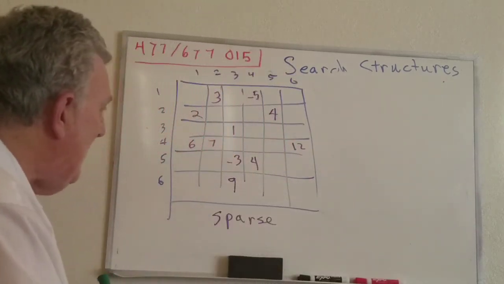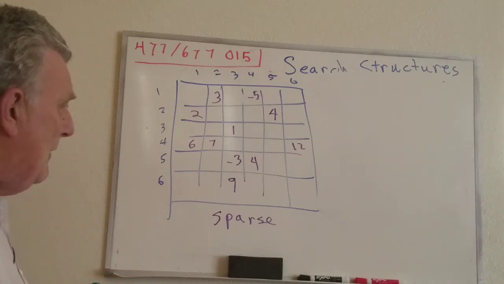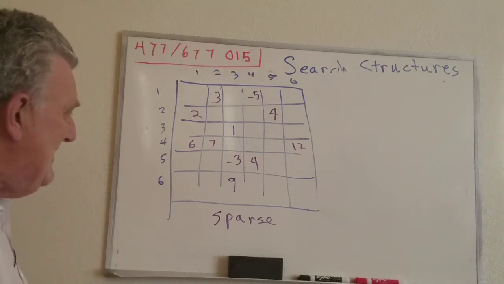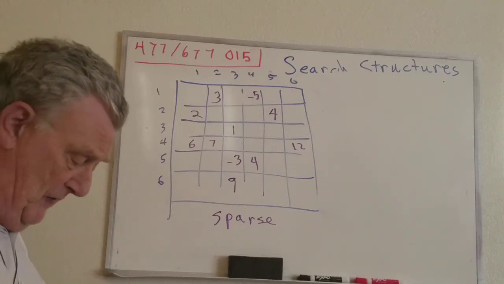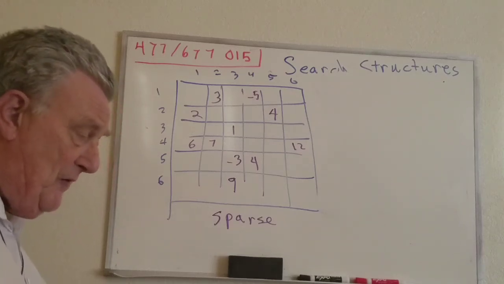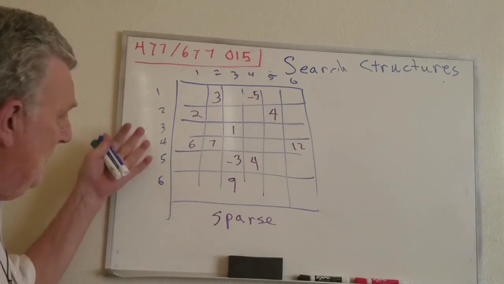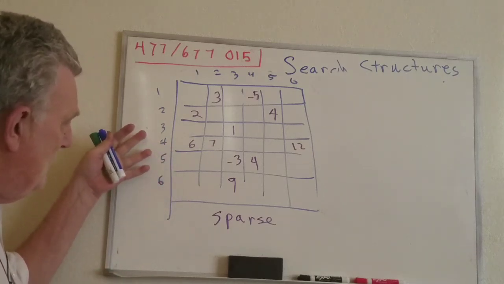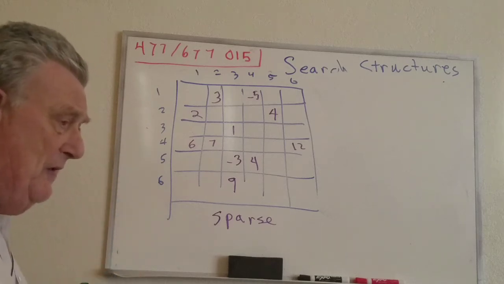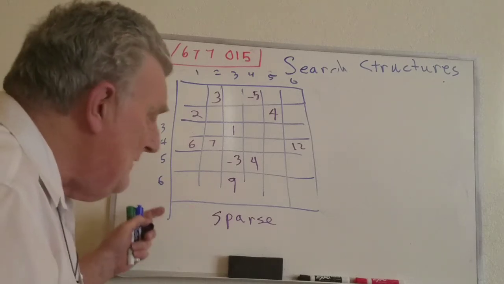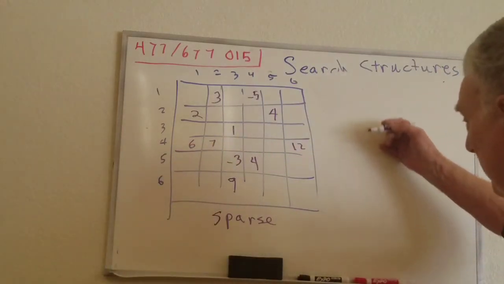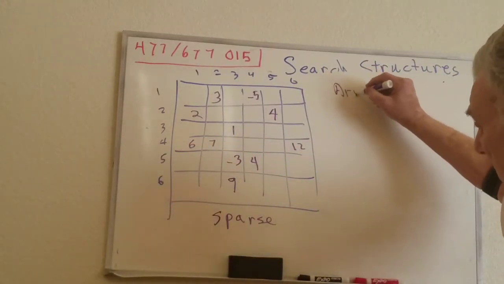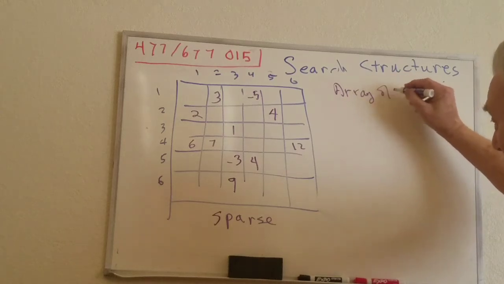Now notice that what's happening here is each row is sparse, but the number of rows is still 6. There are still 6, or maybe there would be almost 6 rows. And you can save space and effort by making this into an array of search structures. For example, you would get an array here of sparse search structures.